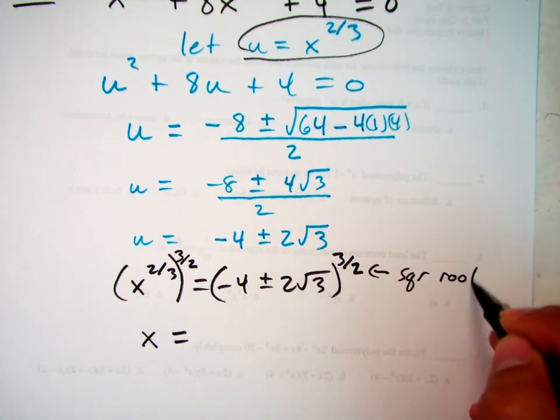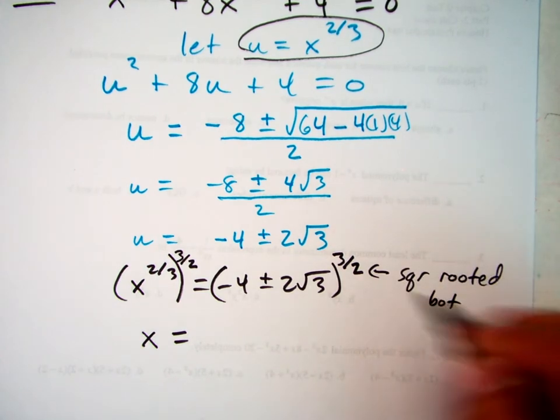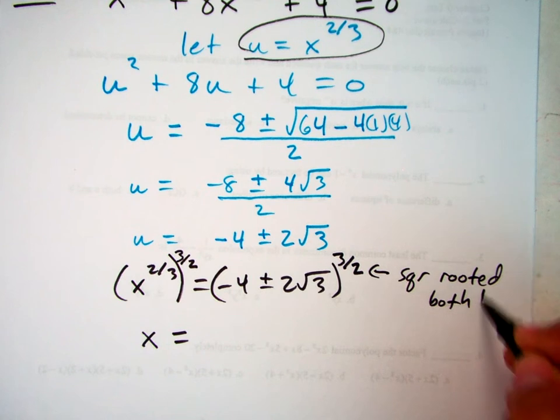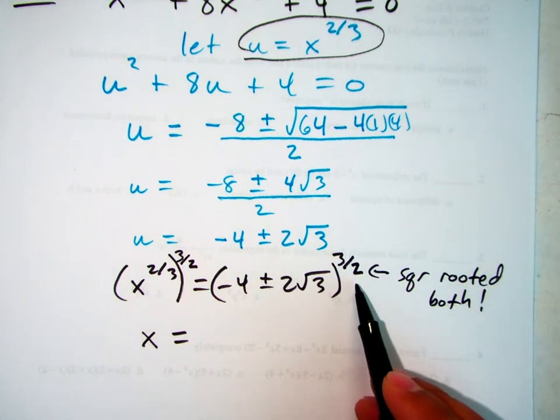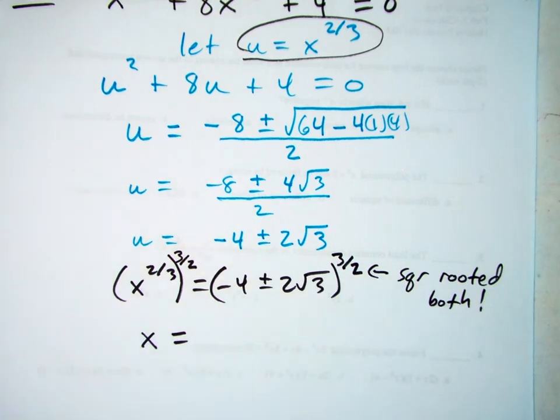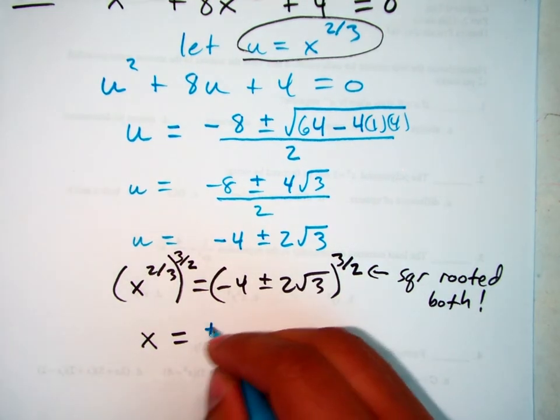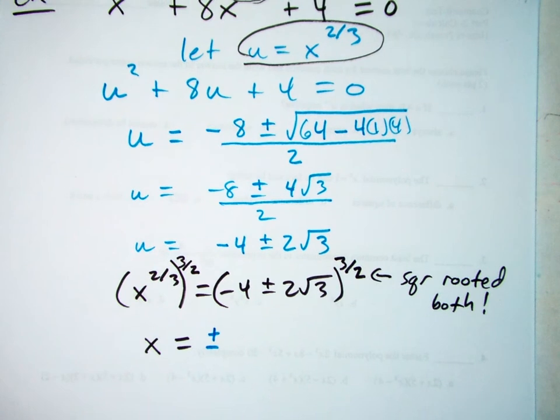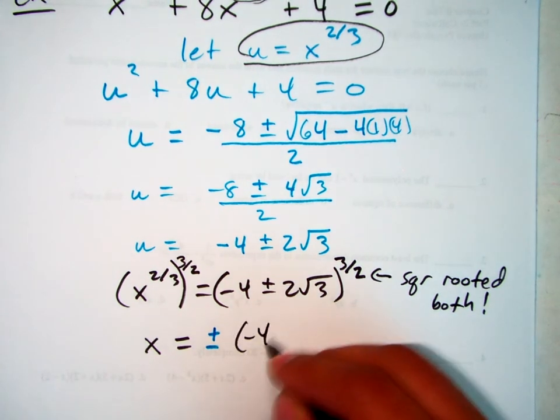Because the 2 denominator corresponds to a square root, right? What do you do when you have a square root on both sides? So it's possibly plus or minus all of this stuff to the 3/2.